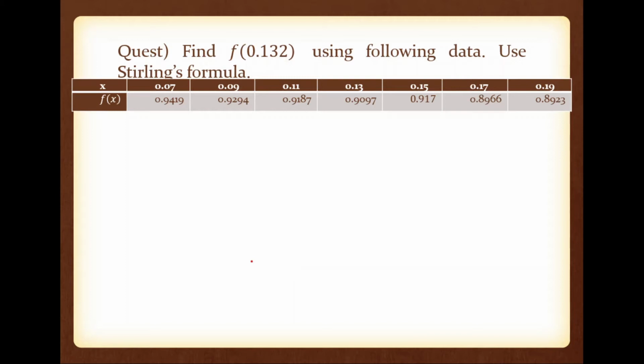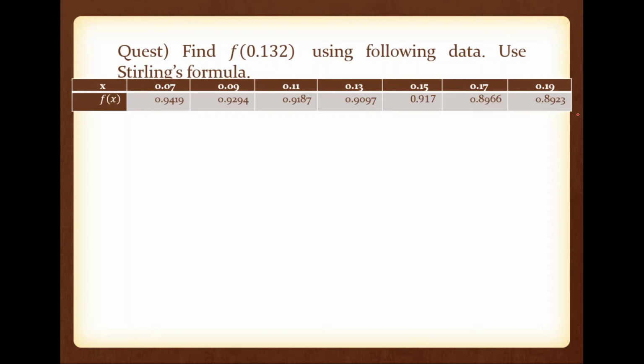The given data is x and f of x: 0.07, 0.9419; 0.09, 0.9294; 0.11, 0.9187; 0.13, 0.9097; 0.15, 0.917; 0.17, 0.8966; 0.19, 0.8923.